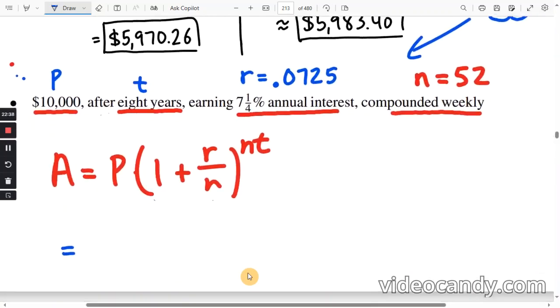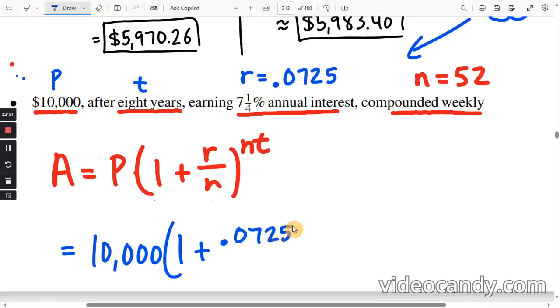All right. P, $10,000 invested, times 1 plus R, 0.0725, divided by N, the number of periods, which is 52, because there's 52 weeks in a year. It's compounded weekly. And the time T is 8 years.